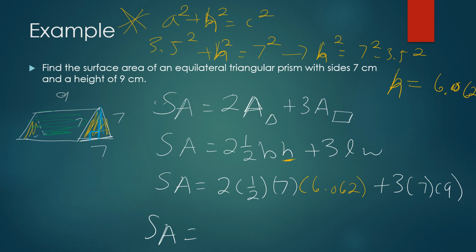So we're going to get 231.434 centimeters squared. Again, we took the area of each of the sides and added them together. We could either use the formula, or we can look at the definition of surface area and then use each individual formula and put them all together.